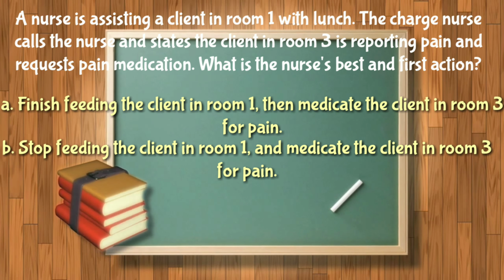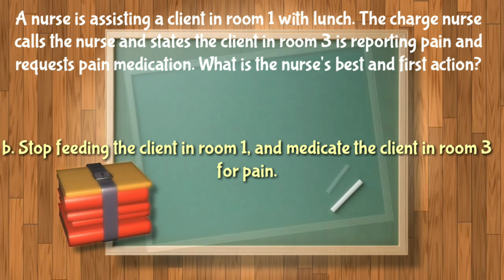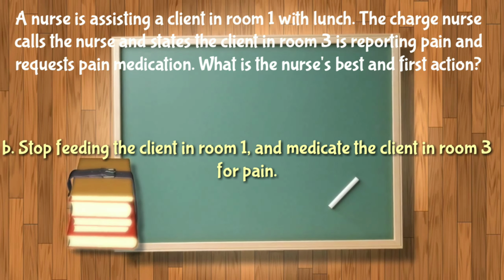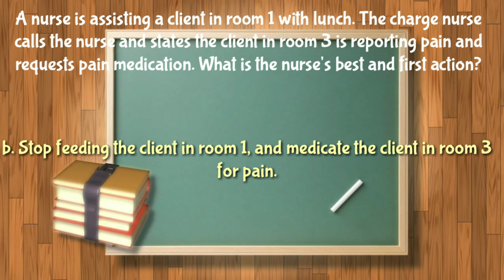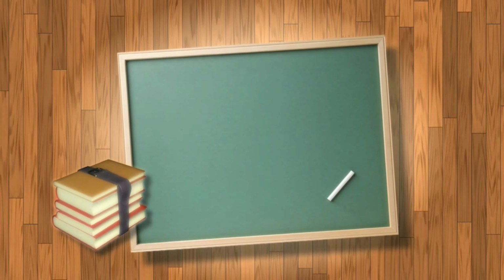The client in pain is experiencing discomfort that should be addressed immediately. That's why the nurse should stop feeding the client in room 1 and medicate the client in room 3 as the priority action.